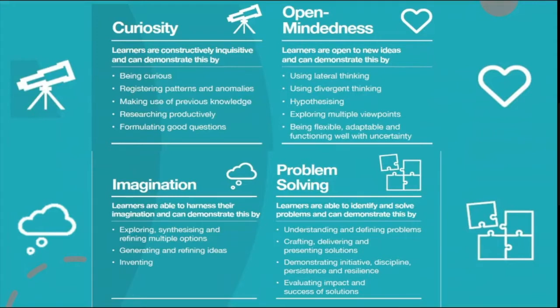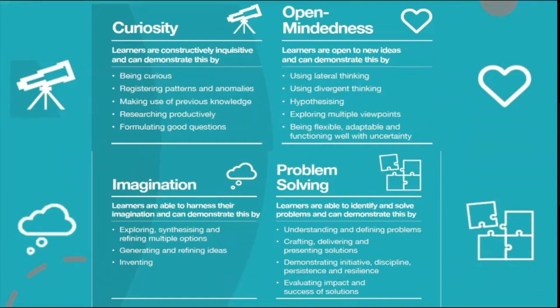So what we wanted to do was find 4 core elements of creativity to help people understand what it is, first of all, and why it's important right across learning and right across whatever your specialism or the level or age of young people that you teach.